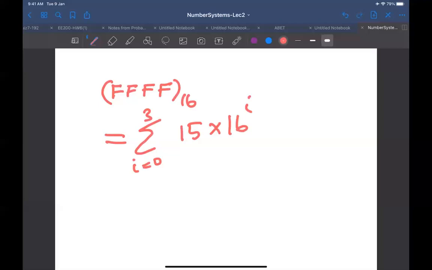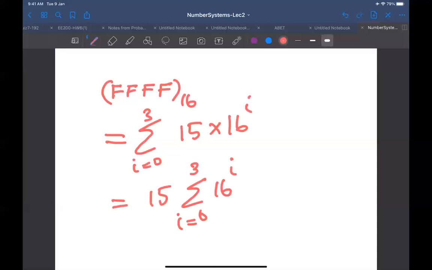And minus 1. Okay? 15 is a constant, so it's 15 times 16 to the i, but 16 to the 3 is a big number. I don't want to memorize that. There is a shortcut for this.